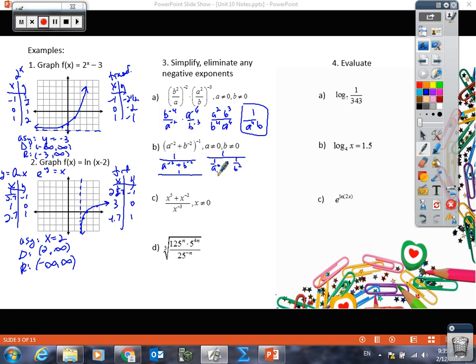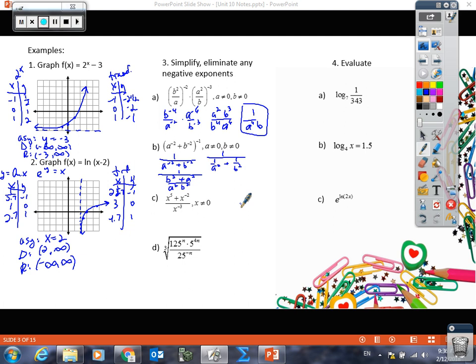So the common denominator would be a squared, b squared. So this fraction would need a b squared. This fraction would need an a squared. Okay, I've found a common denominator, add them together. Now I flip and fix the complex fraction. We've been doing this concept since elementary school, right?